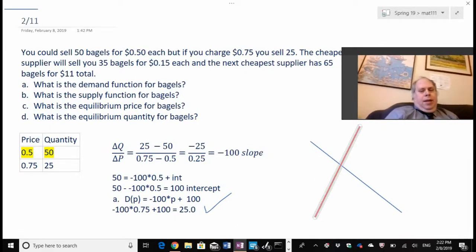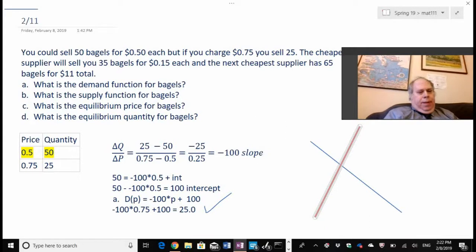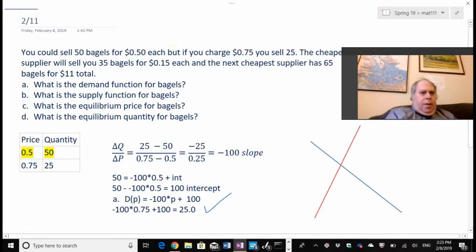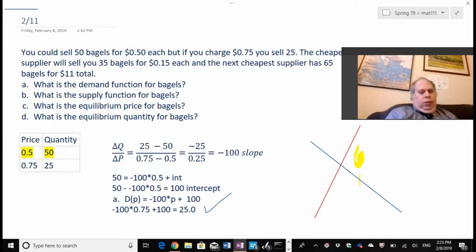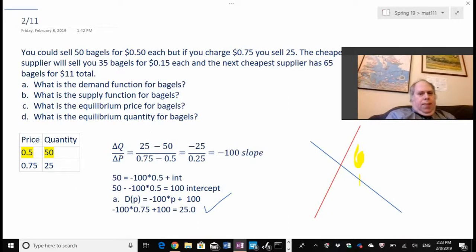So the idea is, if you're charging around this area, if your prices are around this area, what's going to happen is you can only sell this much, but this is how much you could buy for that same price.